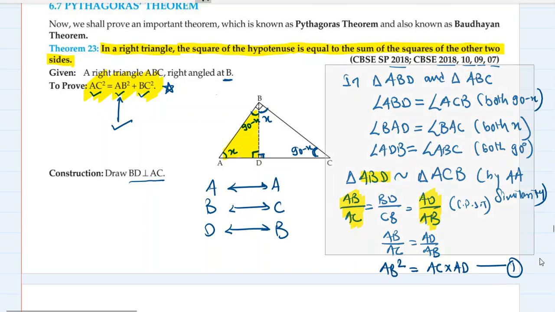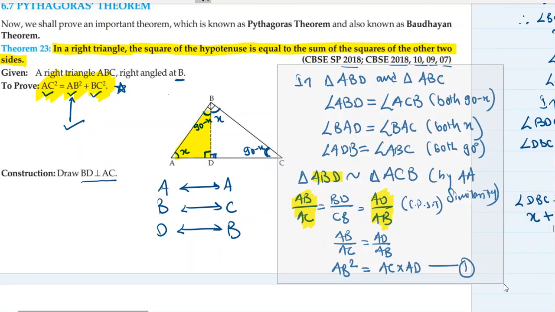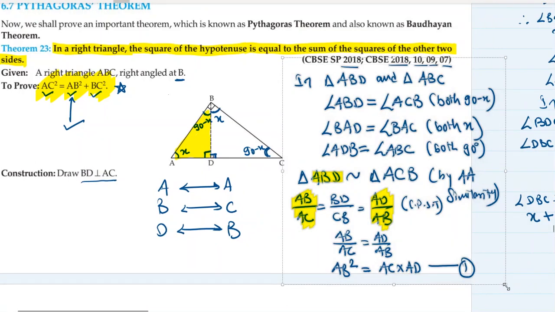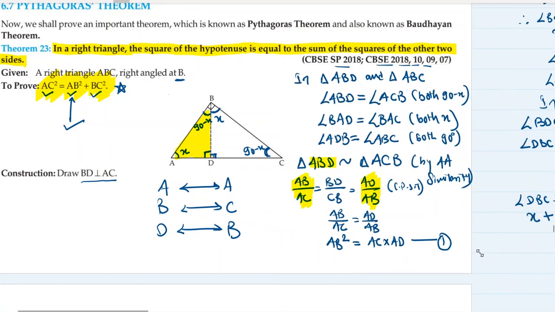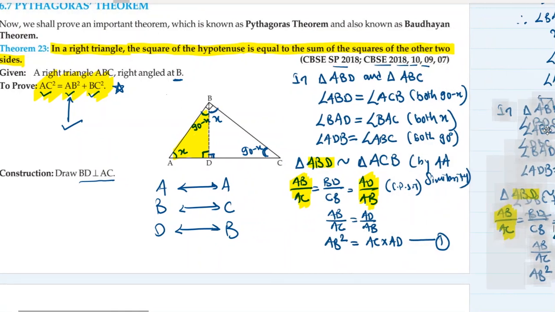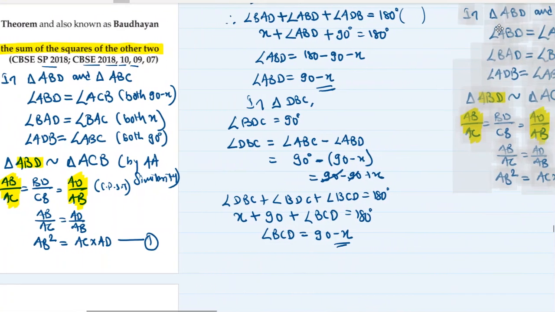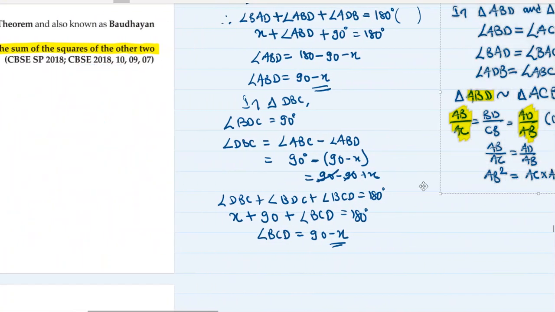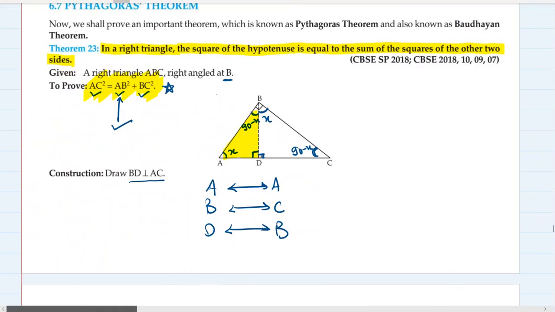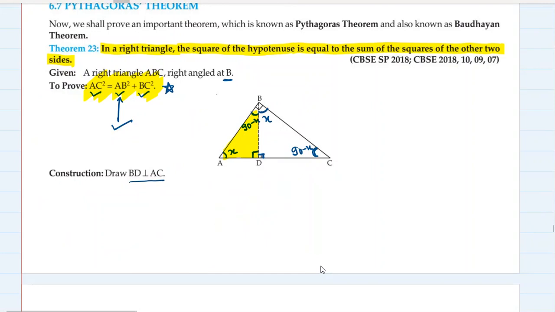Of similarity, there is one more similarity which we have to do. You must be wondering that this is a long question. Yes, it is definitely a long question, a long proof. Now let us go to the next part.